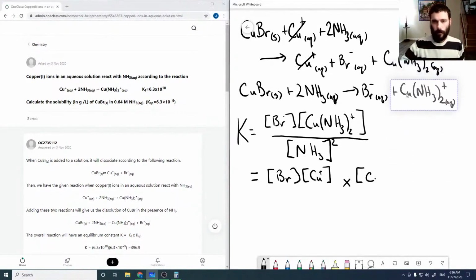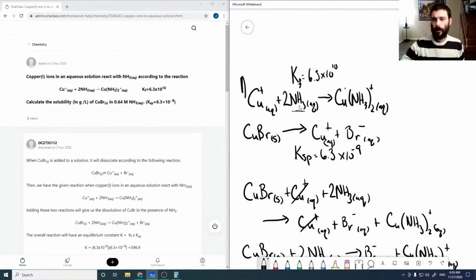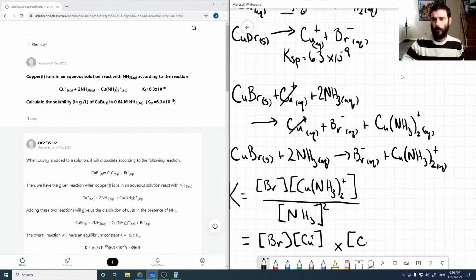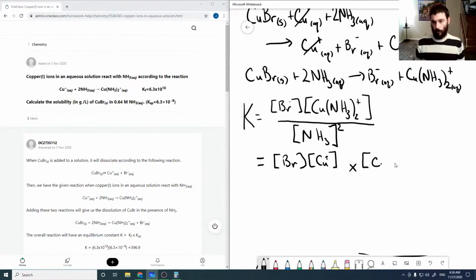Oops, I need to actually see the reactions. So the first one I just wrote is actually the KSP, and this here would be our KF that we're given.